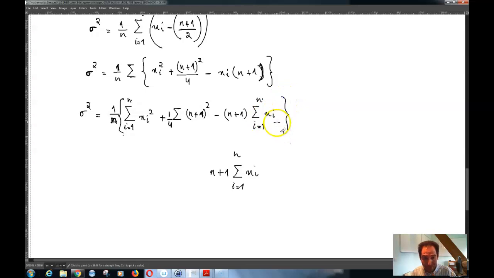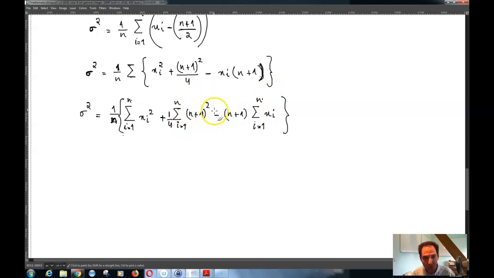And of course you can see that over here, for example, you don't have anything dependent upon i, where i goes from 1 to n.